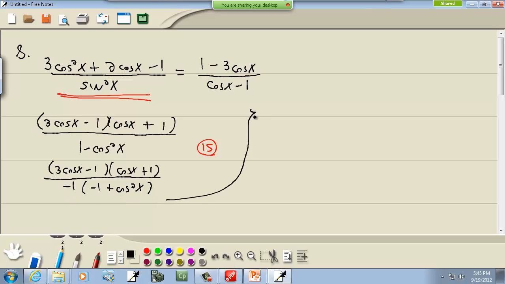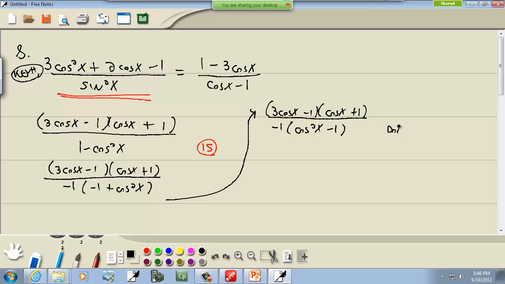Let me continue over here. So we've got (3 cosine x - 1) times (cosine x + 1), and then I'll rewrite this as cosine squared minus 1. Now that one I can factor.